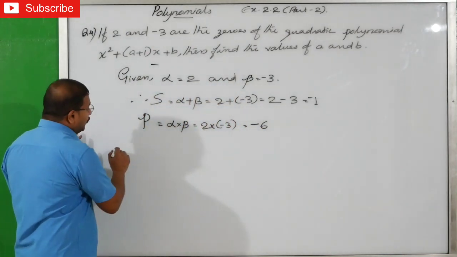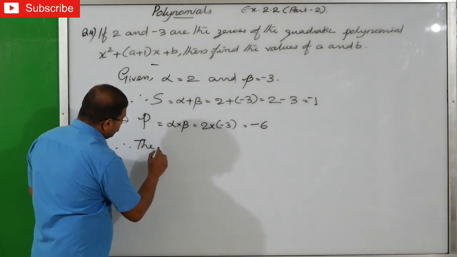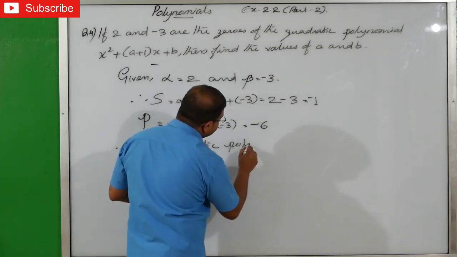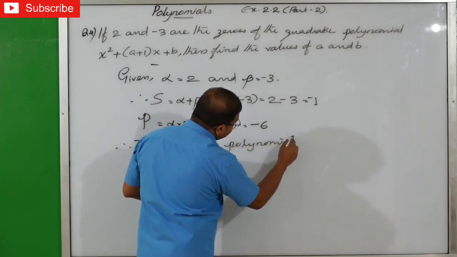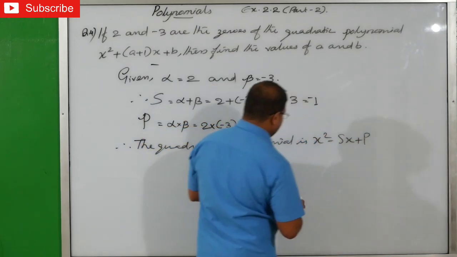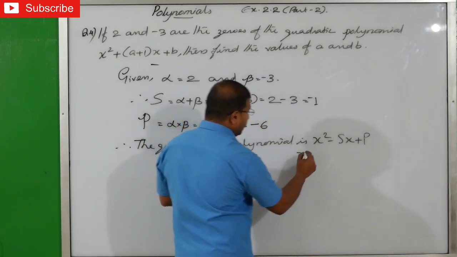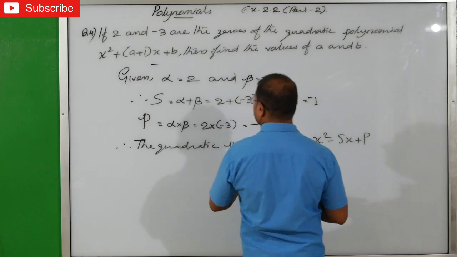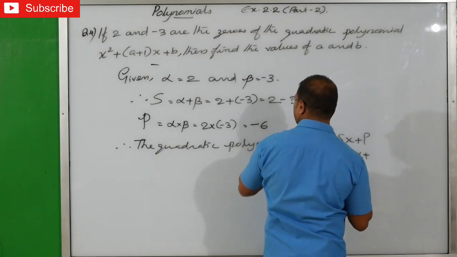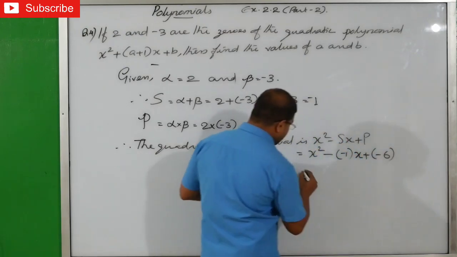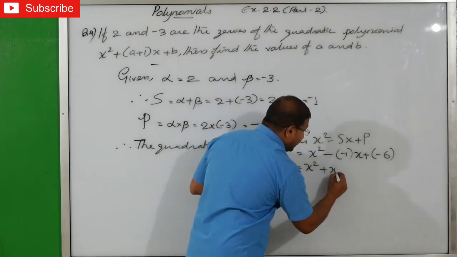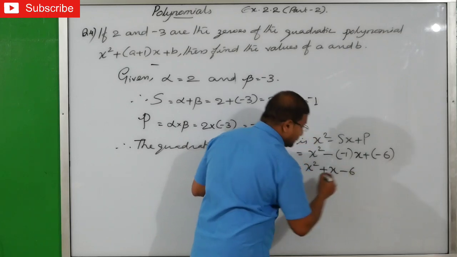Now, therefore, the quadratic polynomial is x square minus sx plus p, equals x square minus (minus 1) into x plus (minus 6), equals x square plus 1 into x, x plus into minus, minus 6.